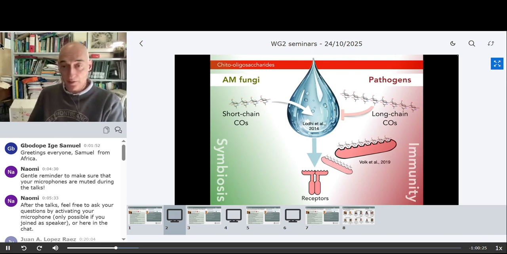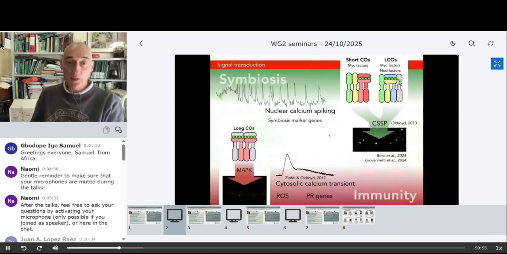And indeed, in a similar scenario, it was shown that AM host plants, this was Medicago if I'm not wrong, produce an analogous protein that binds long chain COs, and this molecule is required for correct arbuscular development. So again, quenching defense responses in this case can promote symbiosis. So this aspect is also very relevant, most likely.